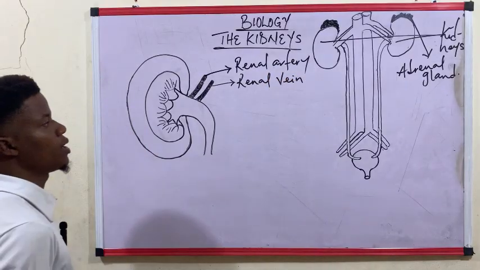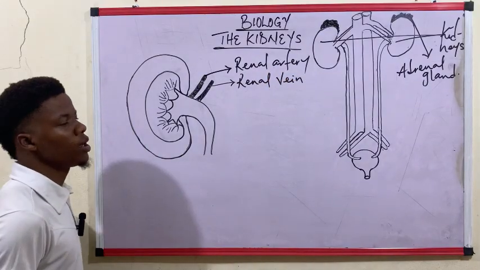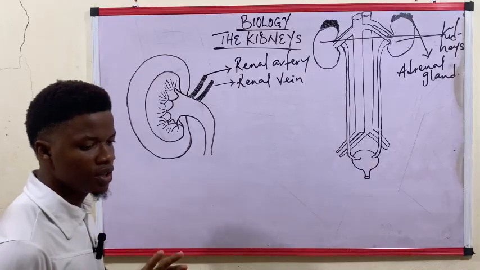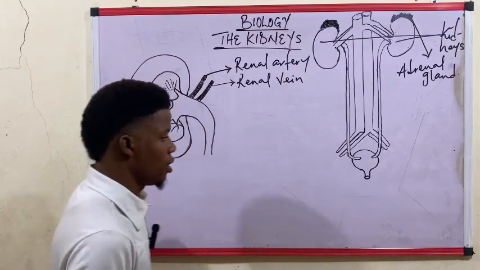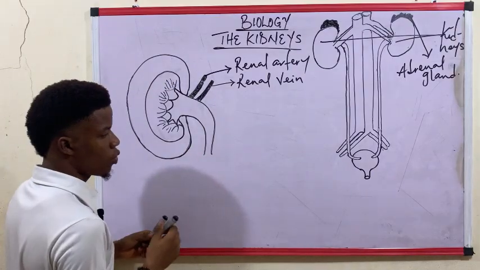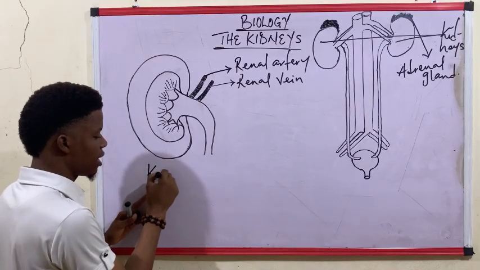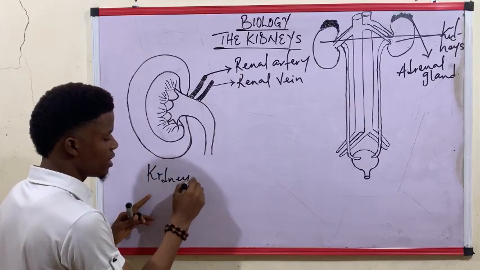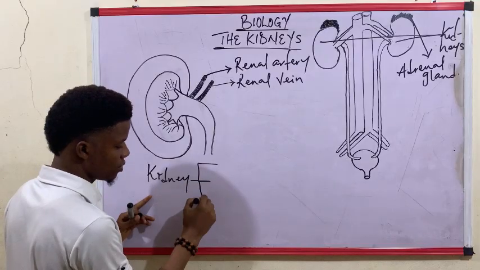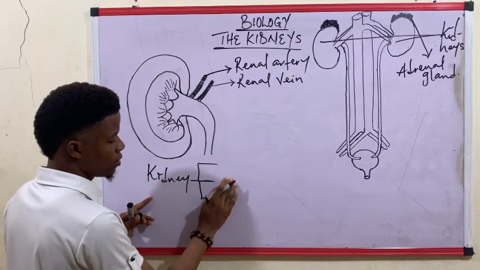All right. Now, let's look at the longitudinal section of the kidney. Please take note. The side view, or the longitudinal section of the kidney, reveals that the kidney is divided into three parts.